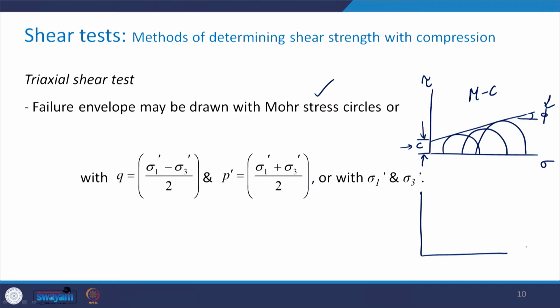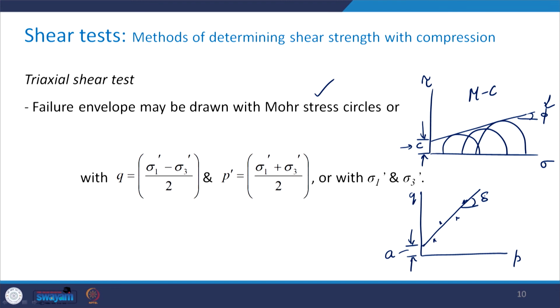So, here you plot the P Q curve, with Q on one axis and P on the other. Every state of stress is represented by a point, and then you fit a straight line to this, with an ordinate, say A, and a slope delta.